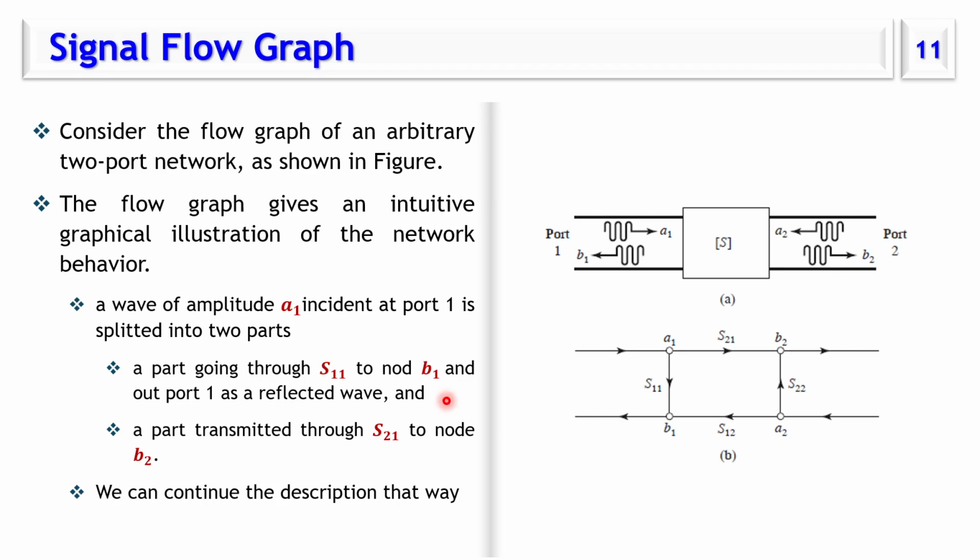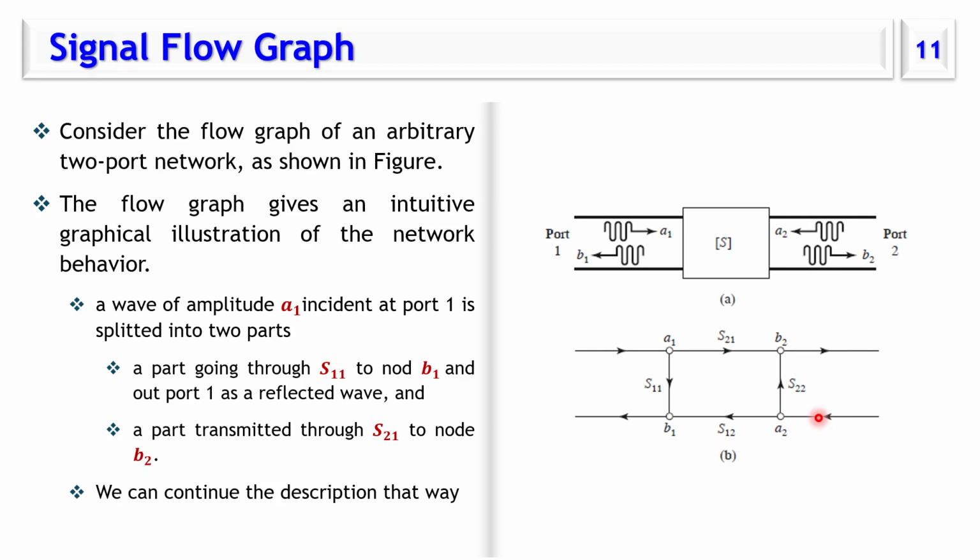And we can describe things like we can write a story. For example, a current or power or wave launched in port 2, part of it will be reflected from port 2, out of B2, and this amount is S22. One thing related to the branch is that it is directed and it has a value, which is the ratio of the signal flow.